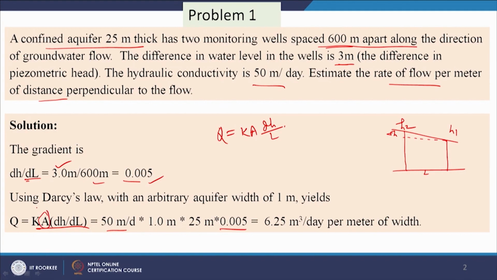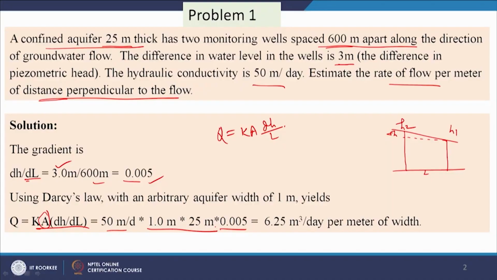It is given that the aquifer is 25 meter thick. If we imagine a 3 dimensional plane, then per meter of distance perpendicular to the flow, that will be the width, and the 25 meter thickness will be the height.